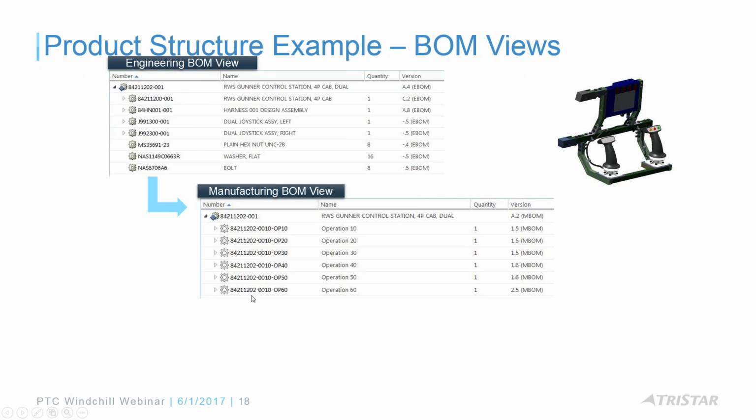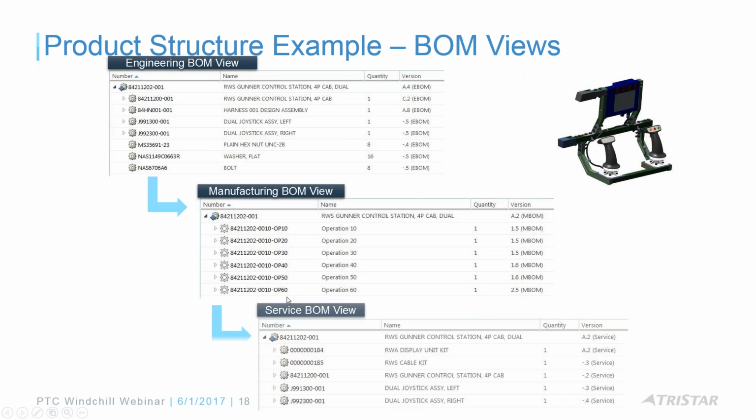And those manufacturing parts within that assembly may just consist of different operations or grouped parts for that specific operation, or just a structure that represents very closely the design structure, but just for manufacturing purposes. There may be a few differences.